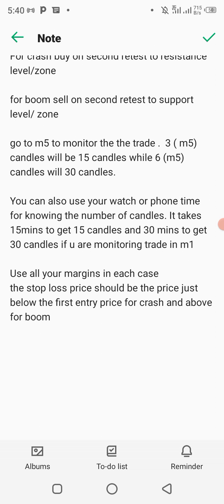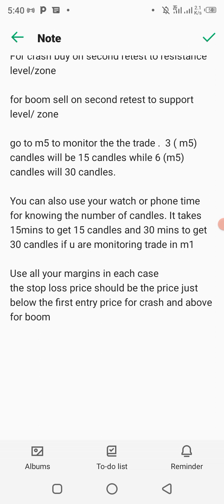In the M5 time frame, which is the 15 minutes time frame, three candles will be 15 candles. Are you getting that? 3 candles is equivalent to 15 candles because we base our number of candles on M1. When we say 15 candles in M1, it means 15 minutes.